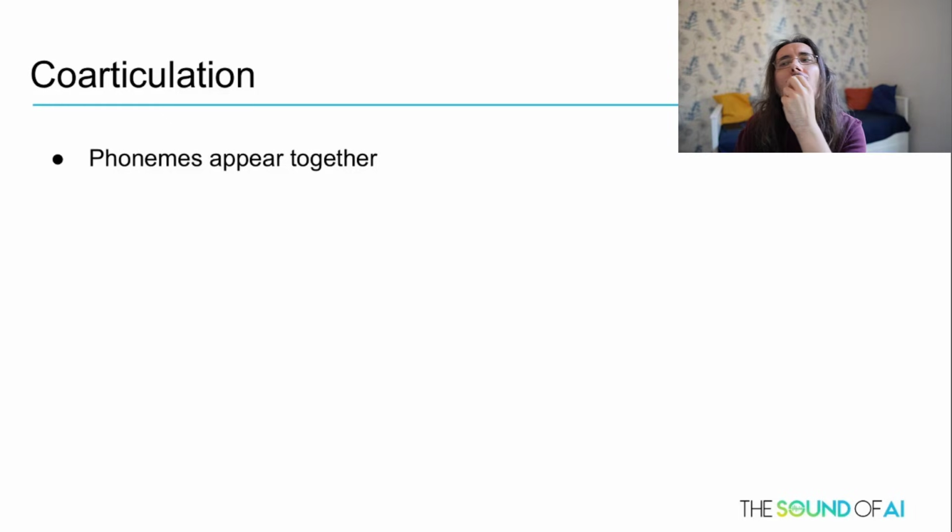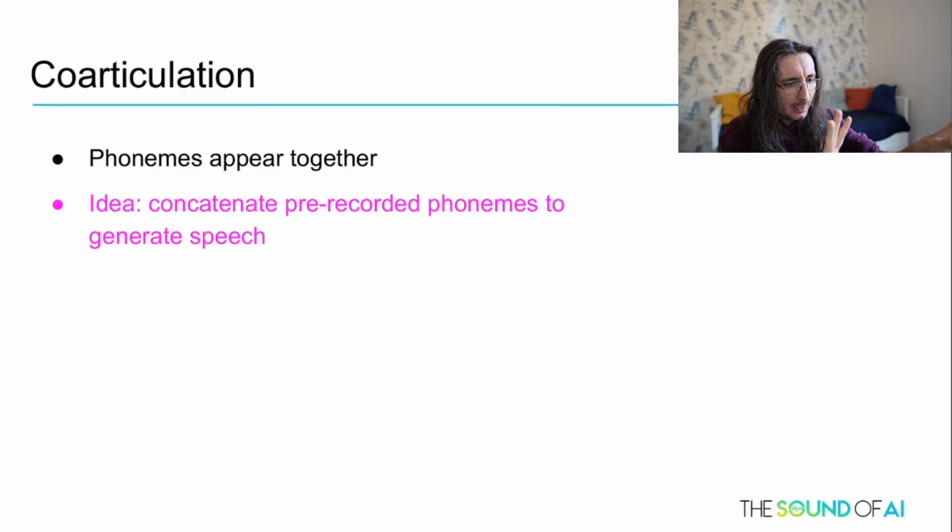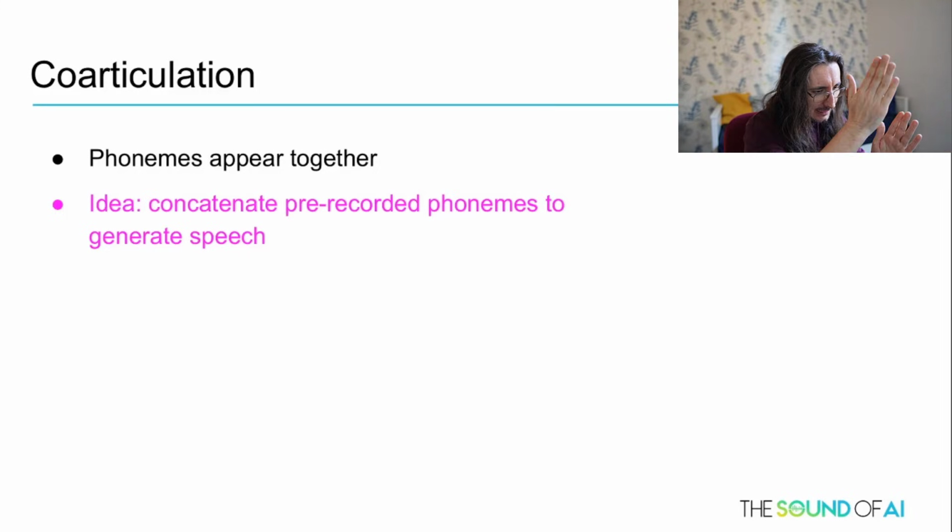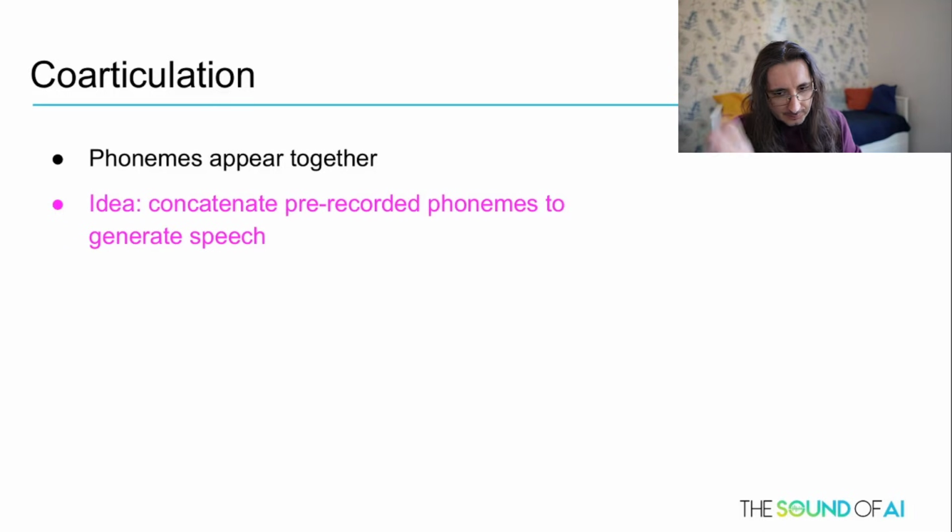But now we may have an idea on how to generate speech starting from phonemes, and it goes like this. I know that all of these individual phonemes are individual sounds, and there's a way of mapping any type of sentence, word, directly onto these individual phonemes.